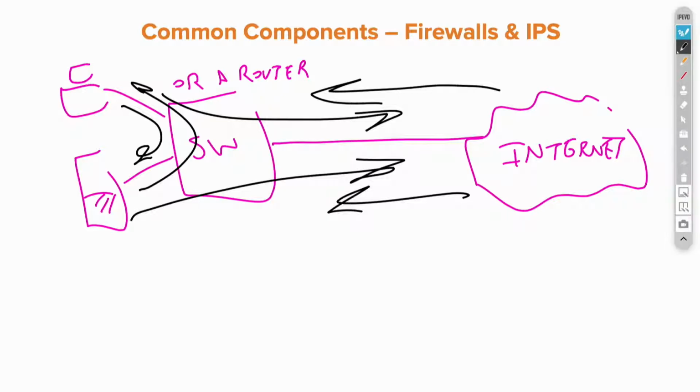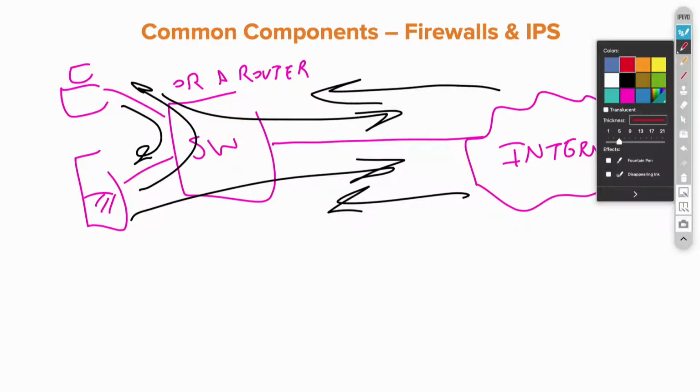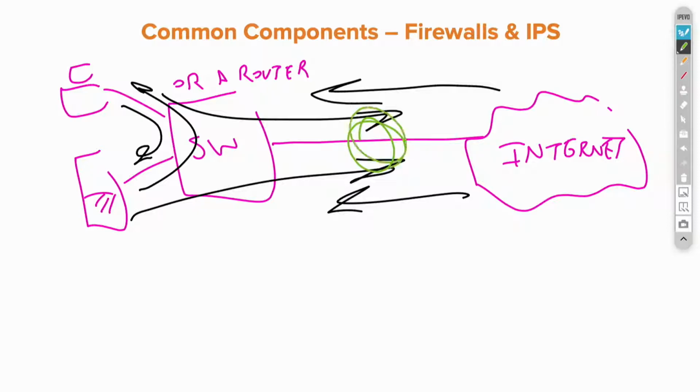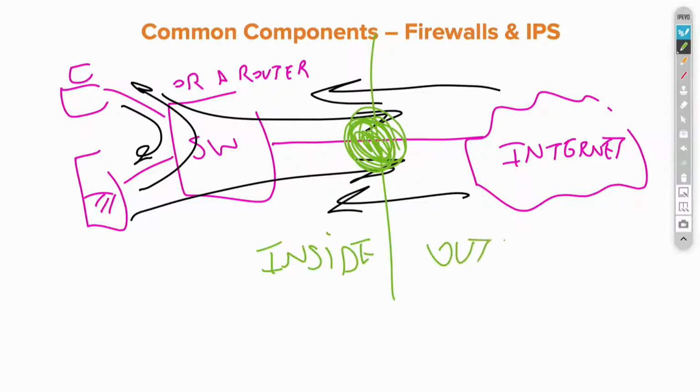So wouldn't it be nice if instead we could have a device that maybe sits right here, let's make this a green circle. And maybe this device said, hey look, we'll divide the network into two sections, maybe the inside network, and maybe this is the outside network. The logic it worked was that if a device on the inside is initiating a connection to the outside, that's okay.